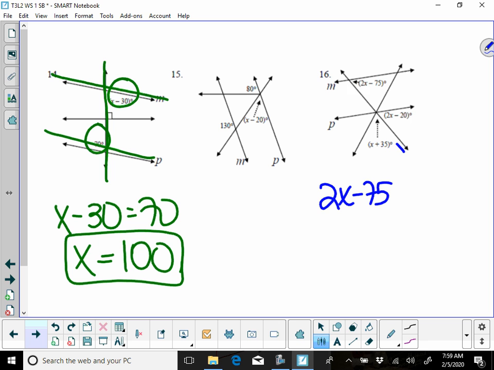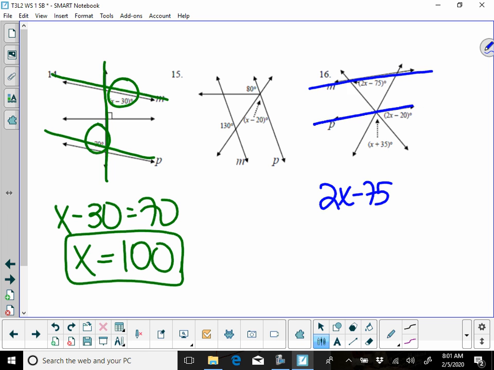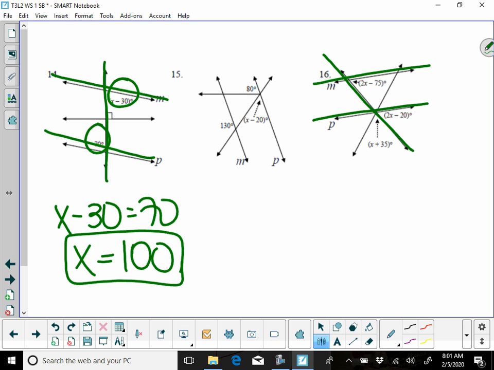So what you're going to do here is look at, you could do a Z. Okay, so if you did this line, these two lines, and then this transversal, just several ways you can do these, so trying to make sure. Okay, this one right here will be 2x minus 75 because there's your Z.